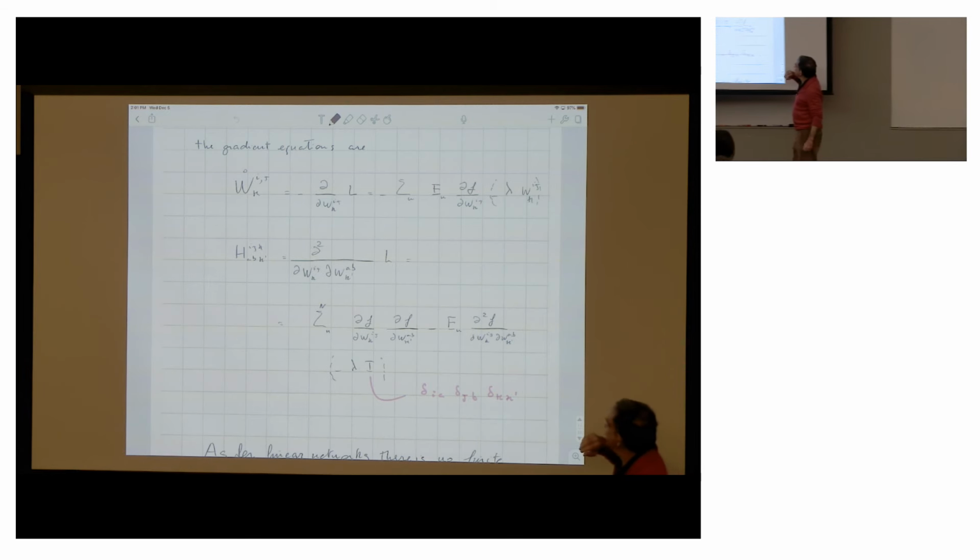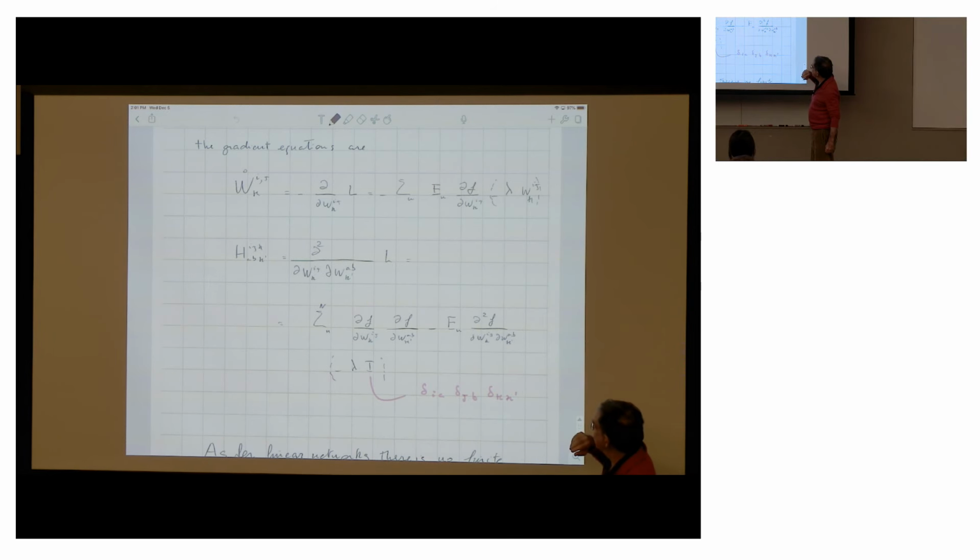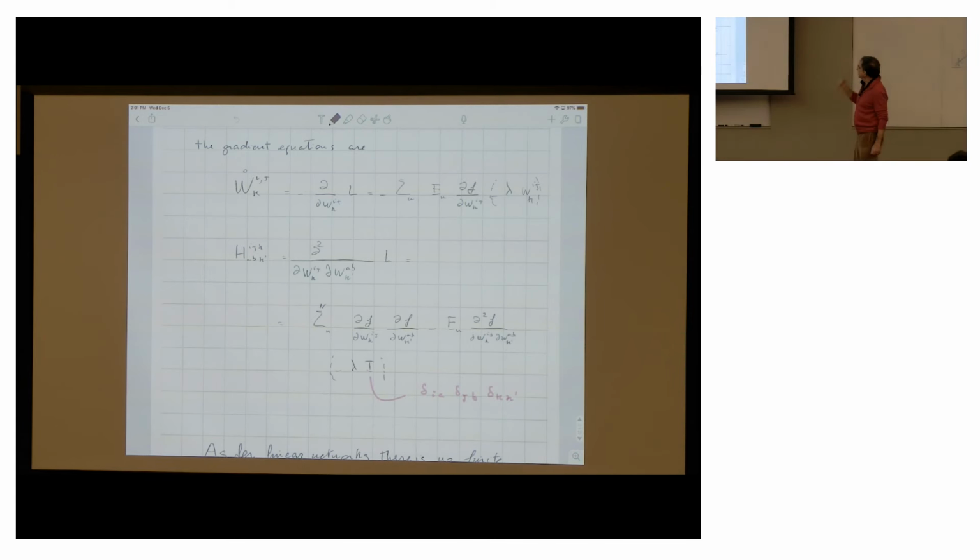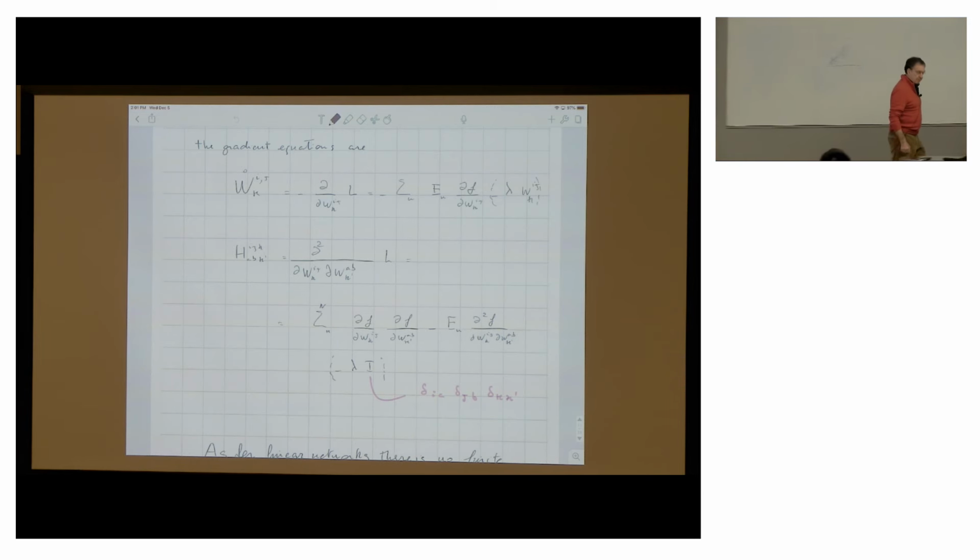What happens here, if you look at, first of all, the gradient, is that without the regularization term, the gradient is 0 when the error is 0.